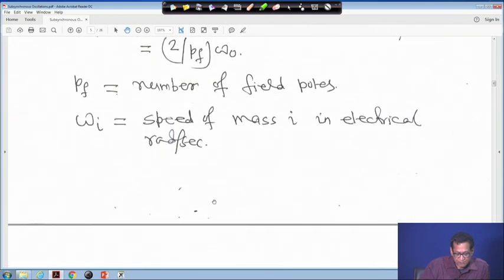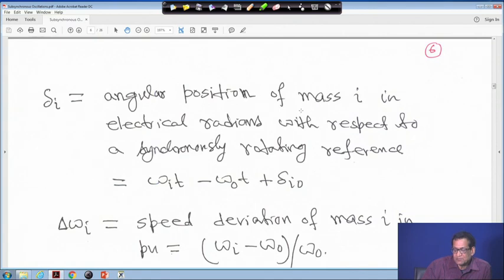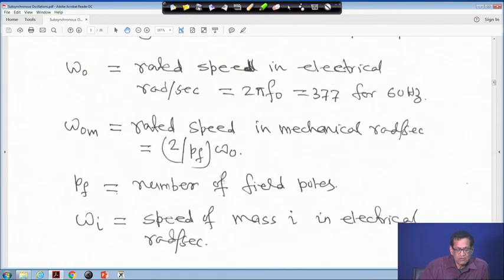And delta i is the angular position of mass i in electrical radians with respect to a synchronously rotating reference. That is, we can write delta i is equal to omega i t minus omega 0 t plus delta i0, where delta i0 is the initial angle, and omega 0 is the rated speed in electrical radian per second.